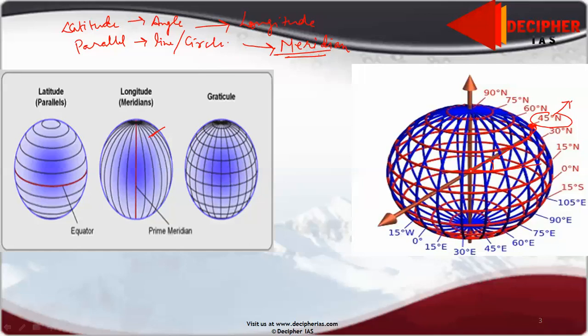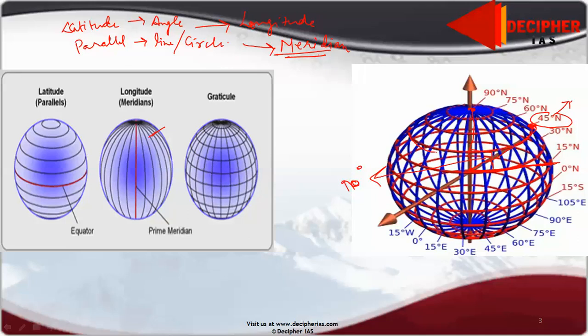And at the equator it will always be 0 degree because one line will overlap the other. And at the poles the angle will be 90 degree. Okay. So always remember latitude for angle and parallel for line.